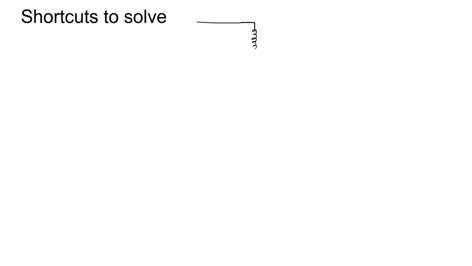Let's look at another way in which we can solve this question. This looks a little bit tedious, right? We saw that we had a transformer with turns ratio 2 is to 1.